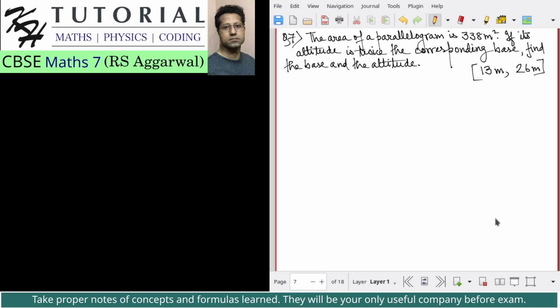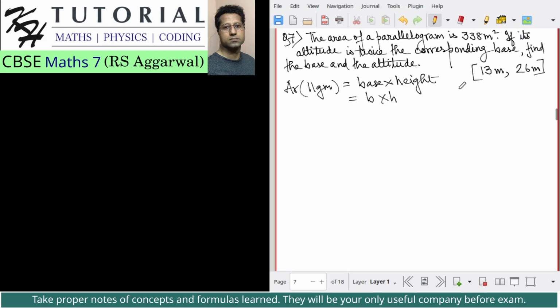So we know that area of a parallelogram is equal to base into corresponding height or altitude. Let the base be b and the height be h. So area of a parallelogram is b into h, where I am denoting small b for the length of the base, and small h for the length of the corresponding height.